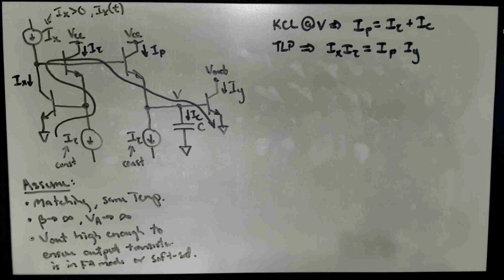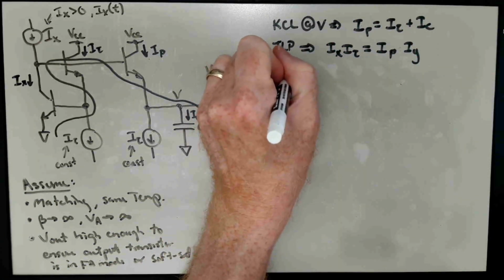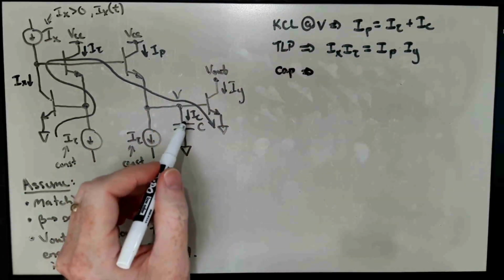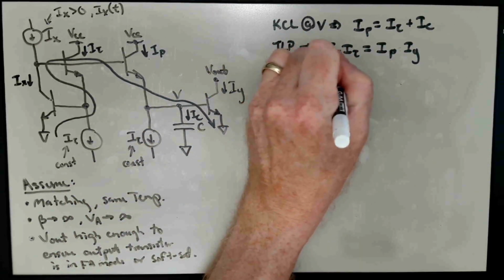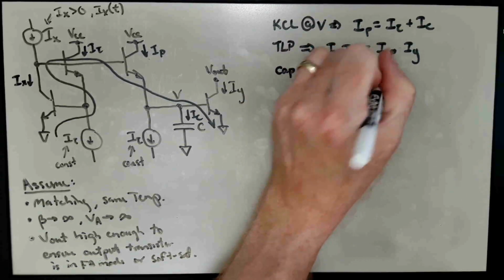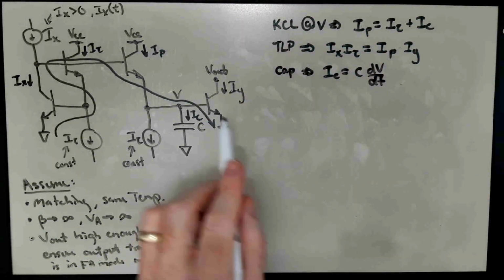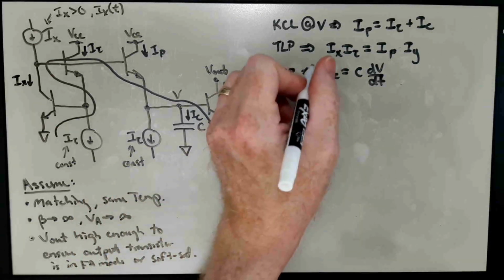Okay. We also know that the capacitor implies something about the relationship between V and IC. So IC equals C times dV dt.